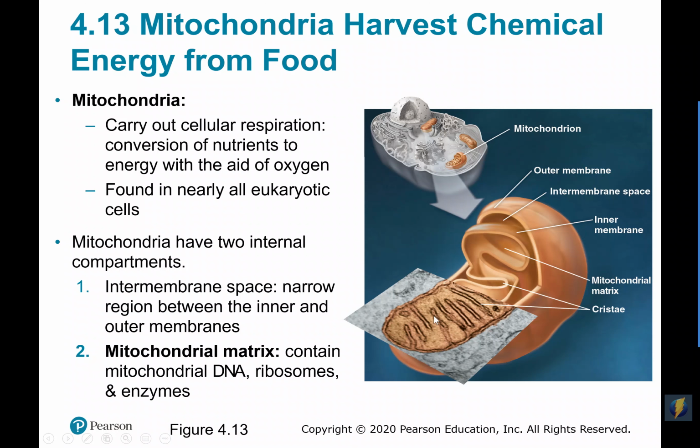The inner membrane is arranged in shelf-like structures called cristae, and this is where cellular respiration takes place. There are enzymes that help that happen. You'll also find the mitochondrial DNA and the mitochondrial ribosomes, because mitochondria have their own DNA and their own ribosomes.